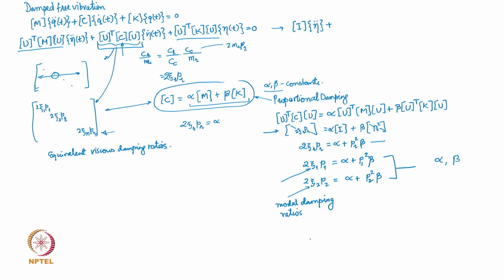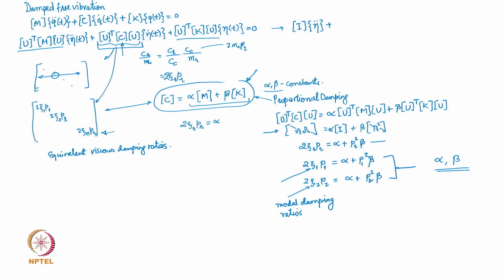Through an experimental approach, I can obtain these modal damping ratios, and I can then use them to solve these two simultaneous equations to get the values of alpha and beta, and then use those constants in the damping matrix, and use that in the solution process.